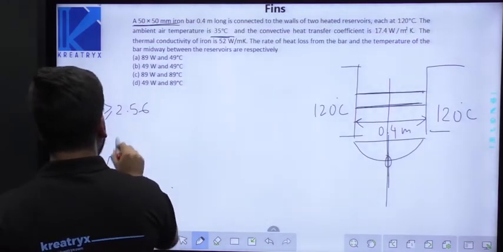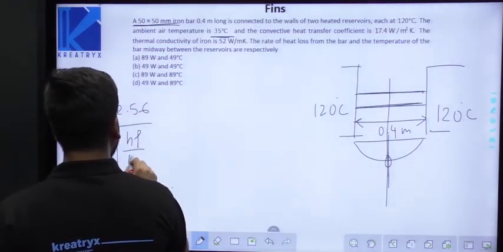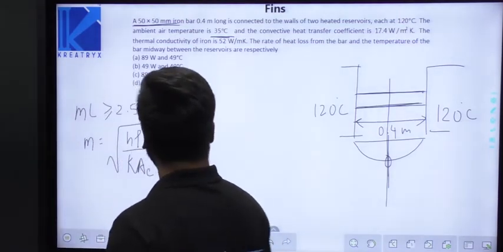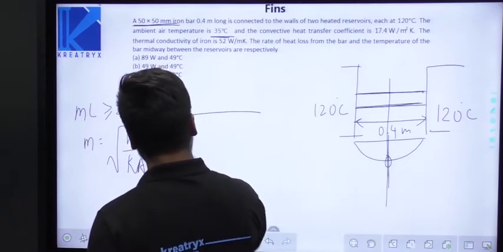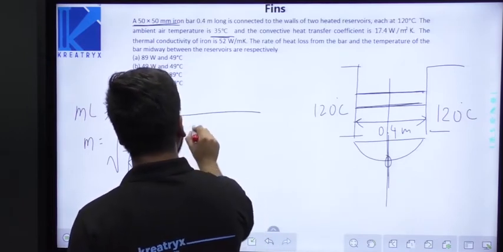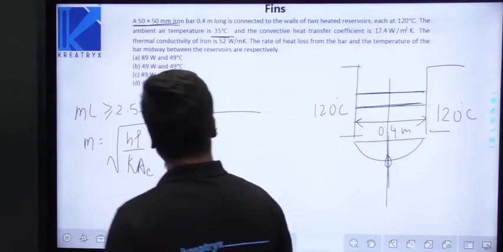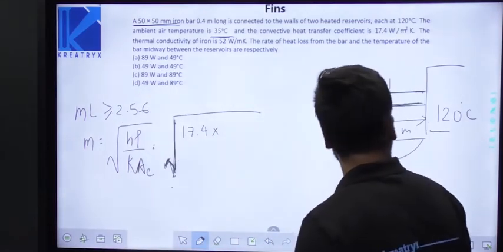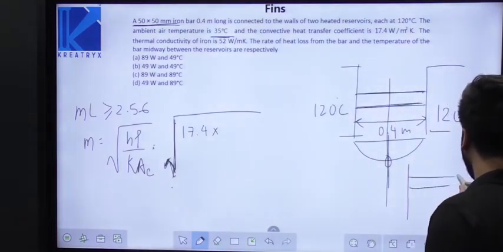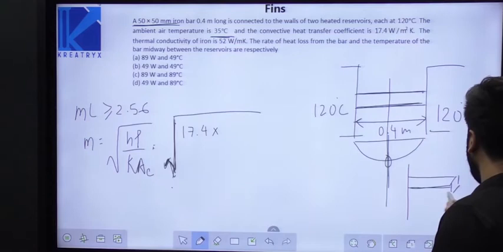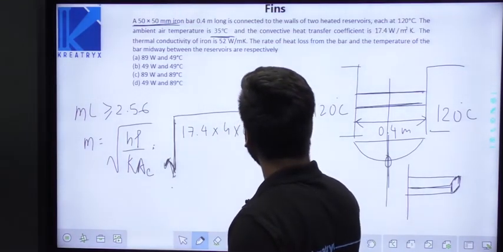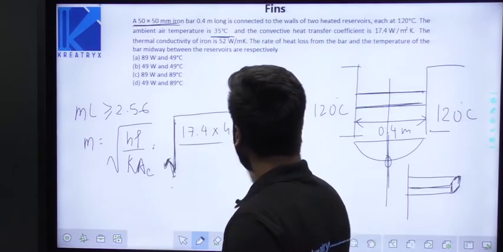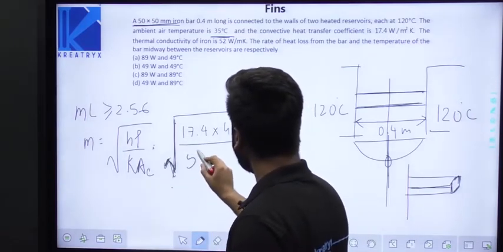M is what? Root HP by KAC. And H is 17.4. Perimeter, this is our fin. Perimeter will be 4 into this side, so 4 into 0.05 meter, upon K. K is 52 watt per meter Kelvin.